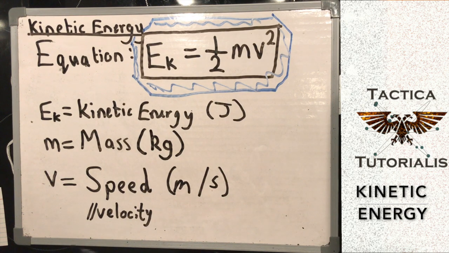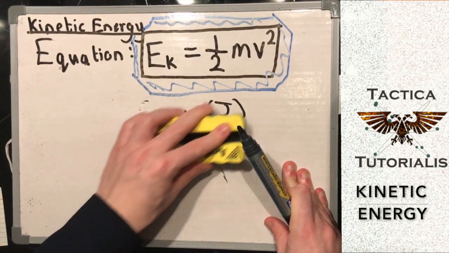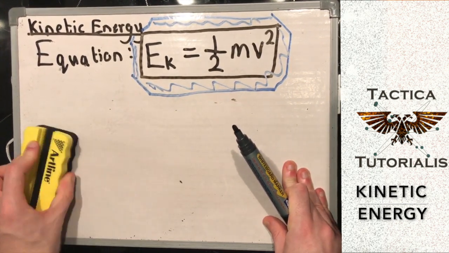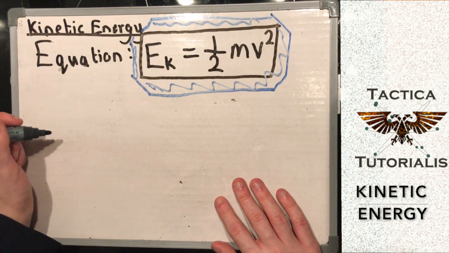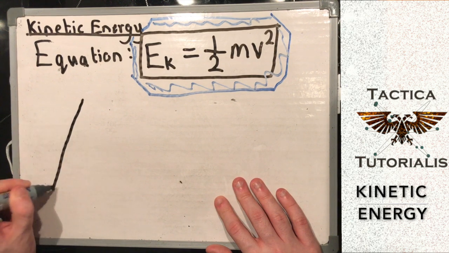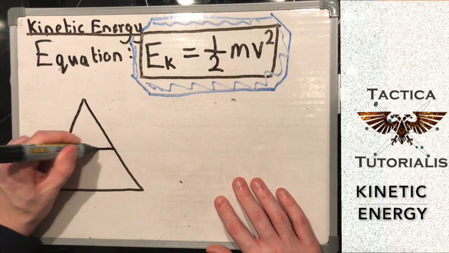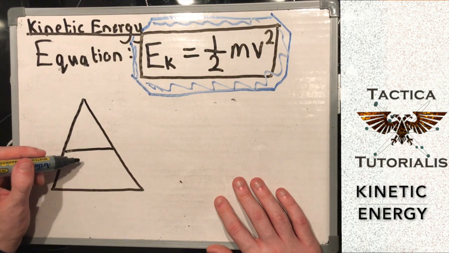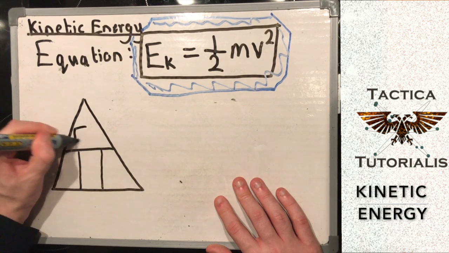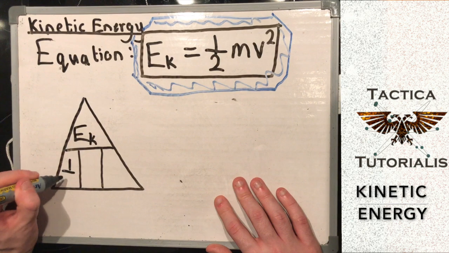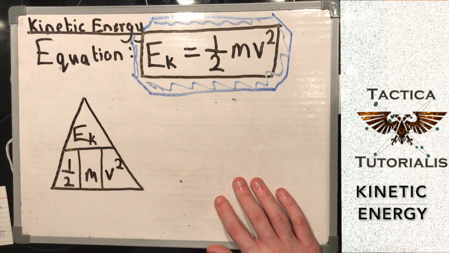Now, the first little task that we've done on kinetic energy is I would like you to do a little bit of manipulating the equation. But before we do that, I'm going to give you the equation triangle. And how this one goes, I'm going to break up the half into its own separate thing. So we have a 4-part triangle. So EK is at the top, a half mv squared.